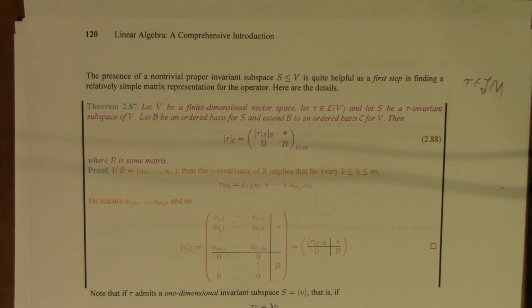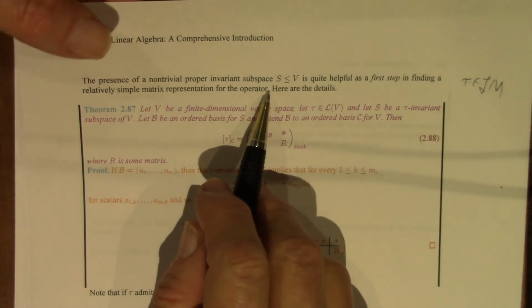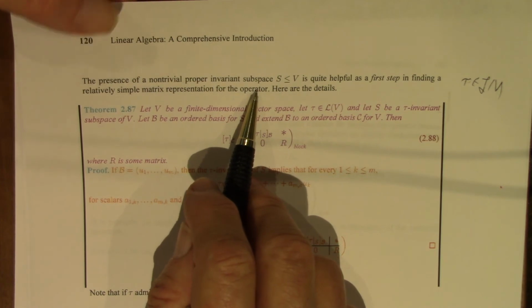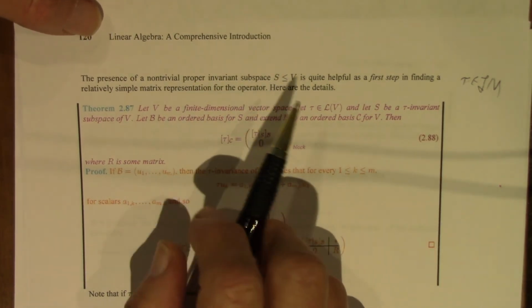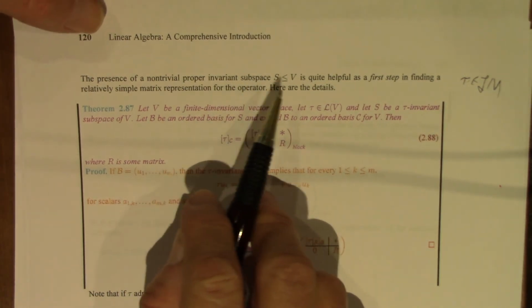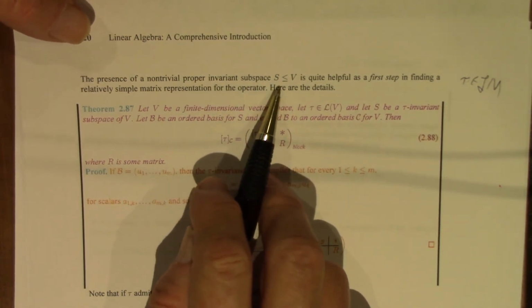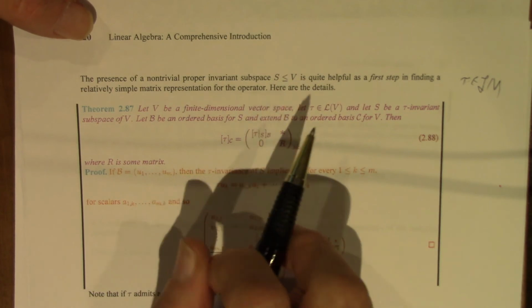A representation, a snapshot, that reveals as much of the structure of the operator as we can. So this is the doorway, you might say, to that problem. And it is the existence of invariant subspaces for the operator.